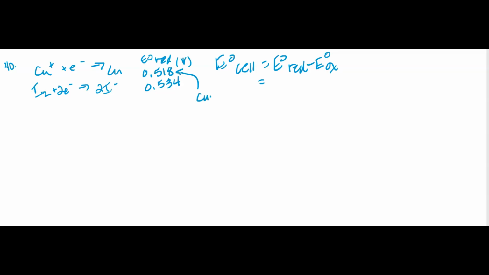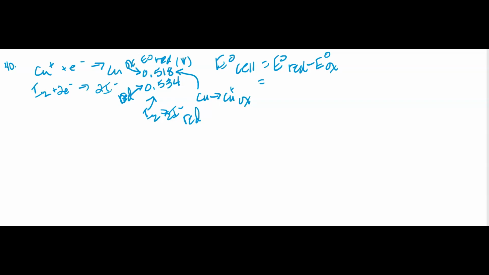So I know that copper is going to get oxidized, and I know that iodine is going to get reduced. So this is the oxidation, and this is the reduction based on the values. More negative is oxidized, more positive is reduced.